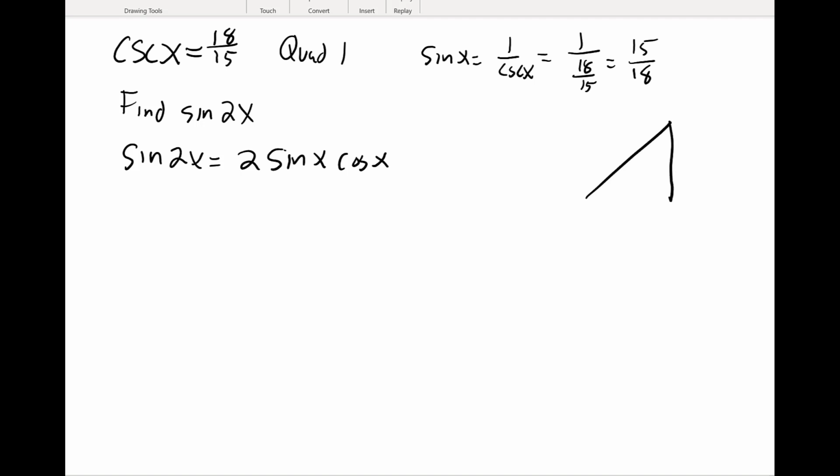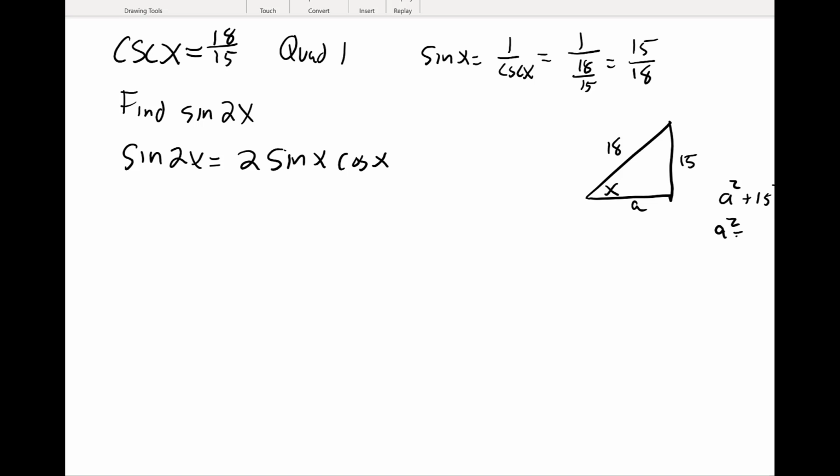To get cosine of x, we will use the information we know. The opposite side, sine is opposite over hypotenuse, so we have 15 over 18. And we want to find this a. So a squared plus 15 squared equals 18 squared.